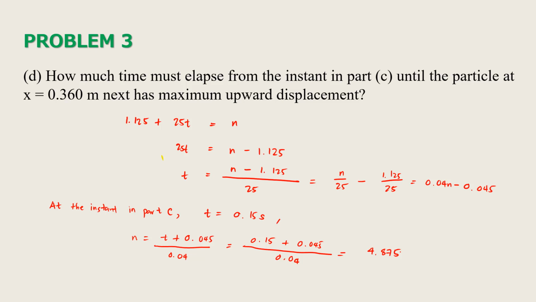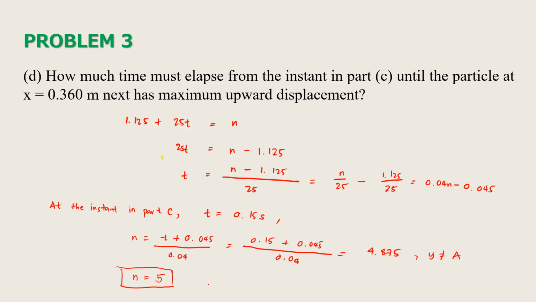The value of n is not an integer as expected, since the y at this instant is not equal to the amplitude A. So the next integer gives us the value of n corresponding to y equals A. So we have n equals 5. The nearest integer is n equals 5.